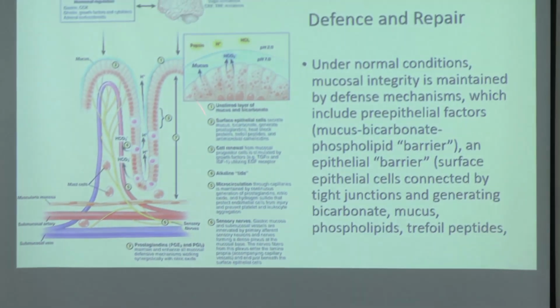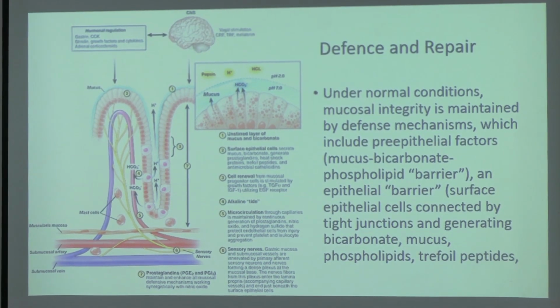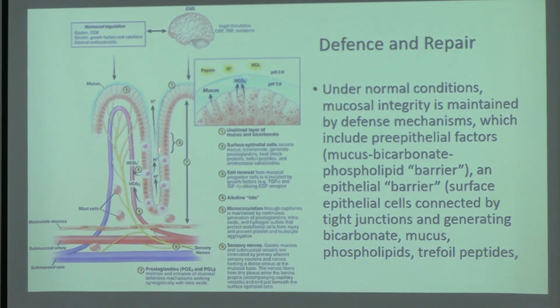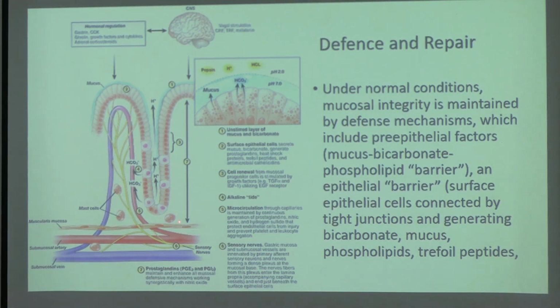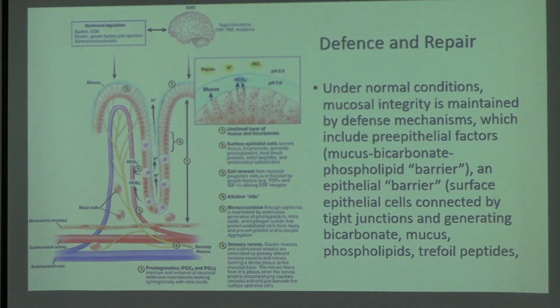This slide shows what will be taught in physiology or biochemistry, I don't know. This is your defense mechanism: mucosa, alkaline tide, blood supply, and the nervous system. I told you this. What is the nerve supply of the stomach? For motility, the Auerbach plexus I have shown you. For secretion, the Meissner plexus in the submucosa. Where is the Auerbach plexus? In between the circular muscle and the longitudinal muscle.